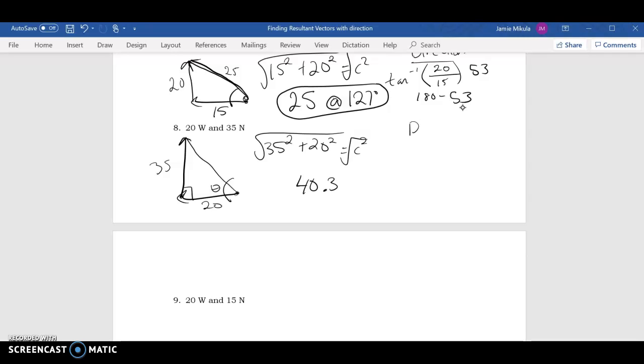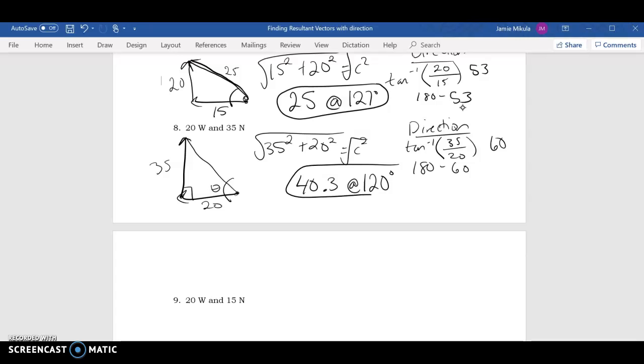That's your magnitude. And then the direction will be tan to the negative 1. Opposite is 35, adjacent is 20. And that's going to get you 60.2, so we'll say 60. However, it's 180 minus 60 to get 120. So final answer will be 40.3 at 120 degrees.